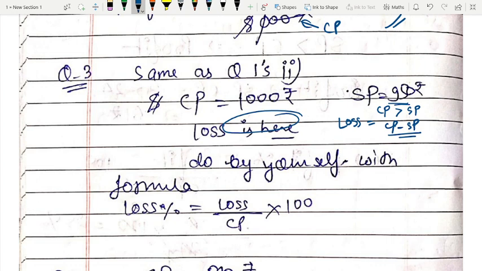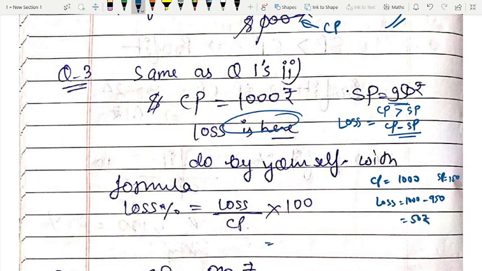What is the cost price here? Cost price will be here 1000, and the selling price is given 950. So the loss we can find out: 1000 minus 950, so 50 rupees loss will be there.